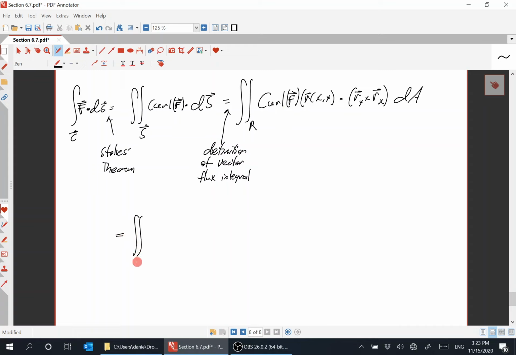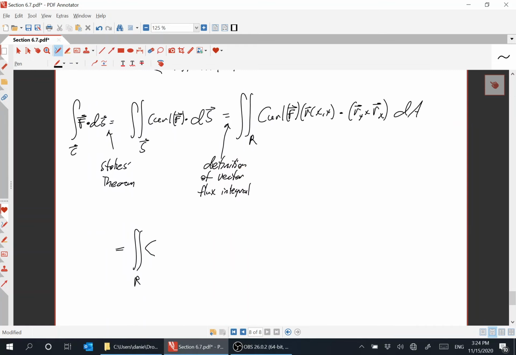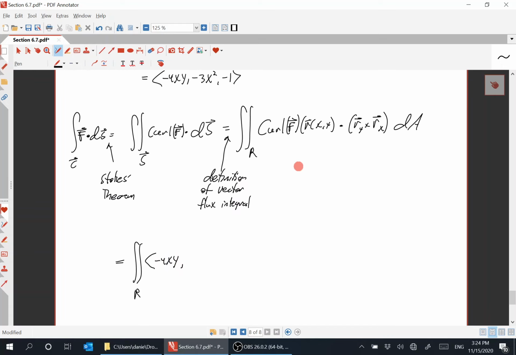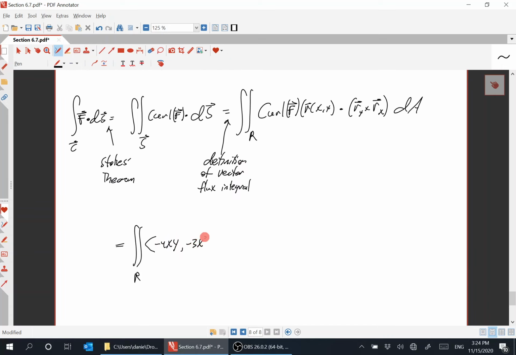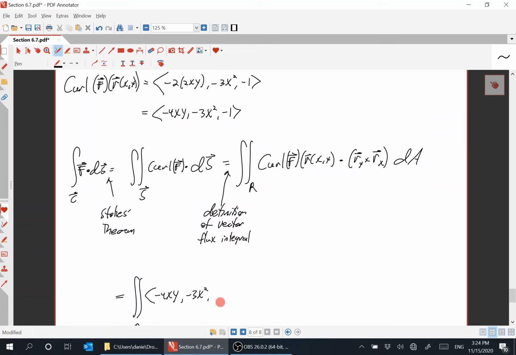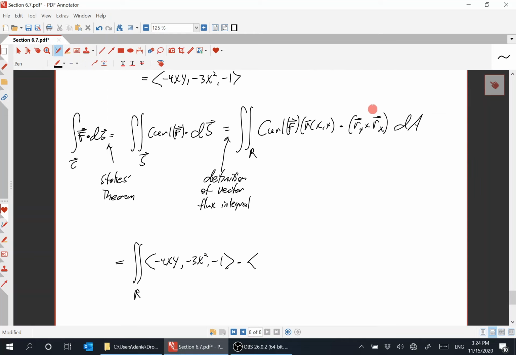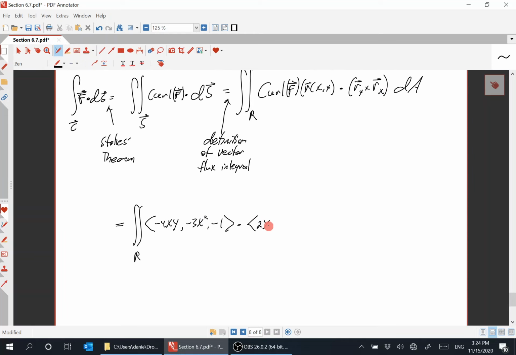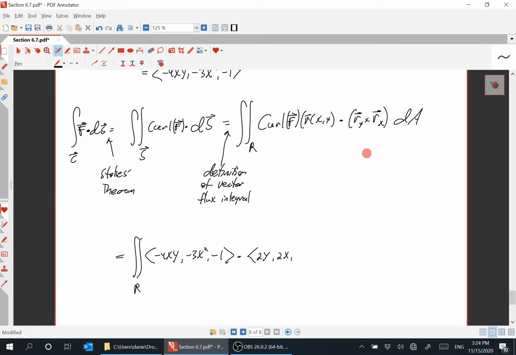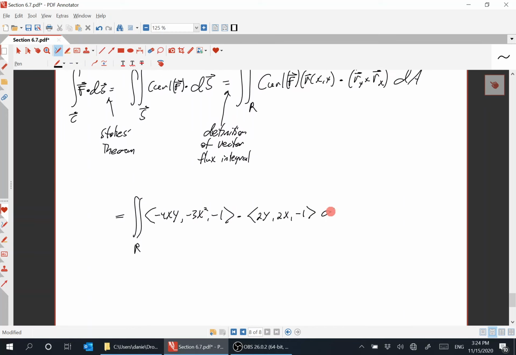So this is the double integral over R, and this vector field is minus 4xy minus 3x squared minus 1 dot 2y, 2x, and minus 1 dA.